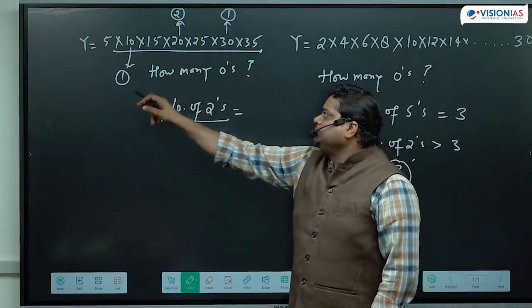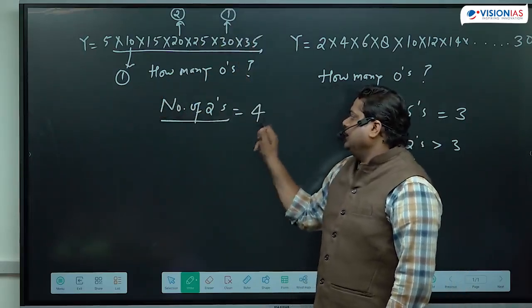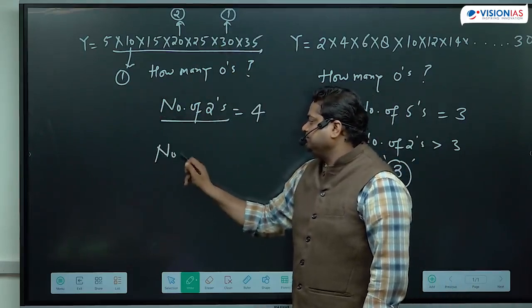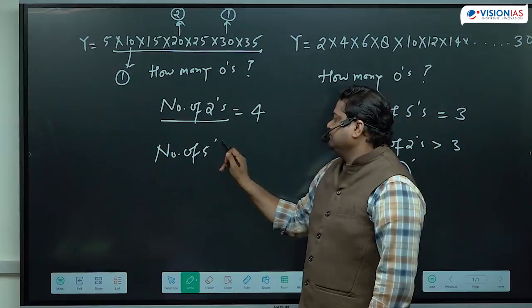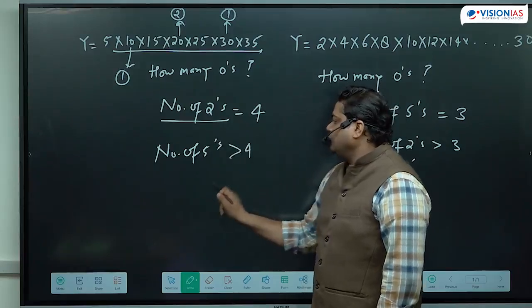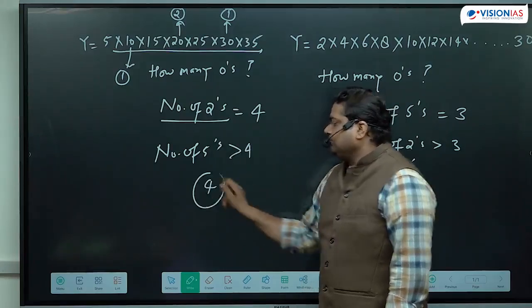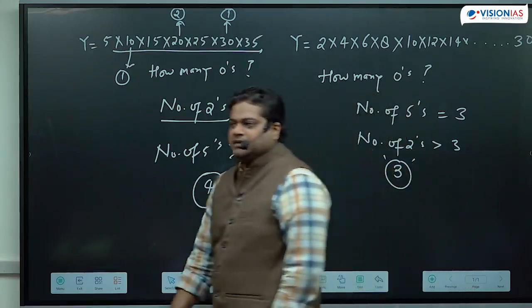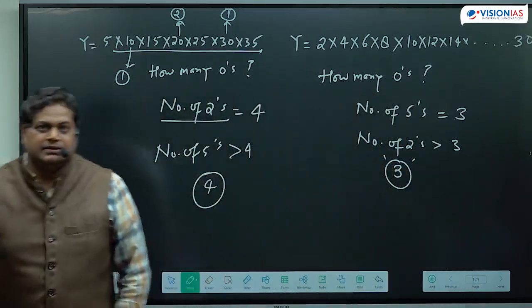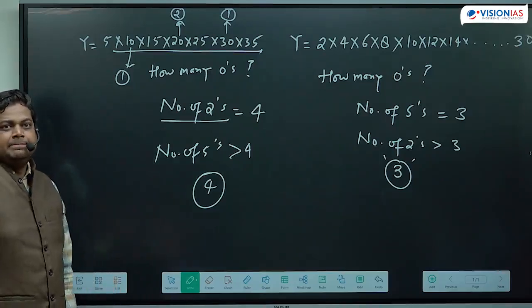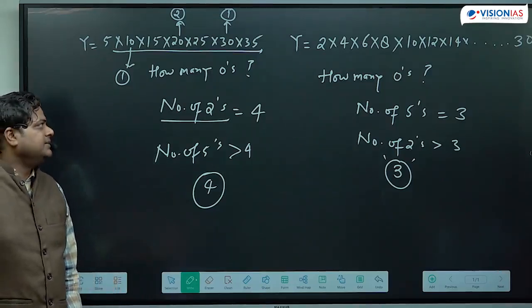So total number of 2s 4, and number of 5s more than 4. So how many pairs we can make? 4 pairs. This will be our answer.